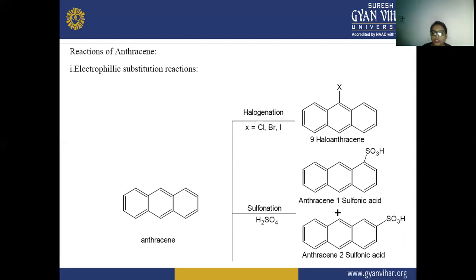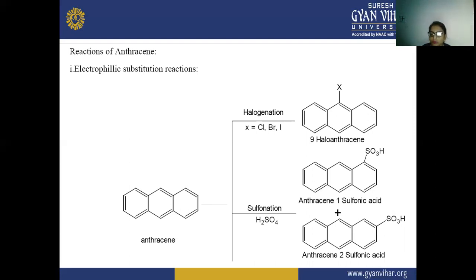In sulfonation, when sulfonation is occurring on anthracene, this is H2SO4, and there is an attack of the sulfuric acid on the anthracene, and there is a formation of SO3H.